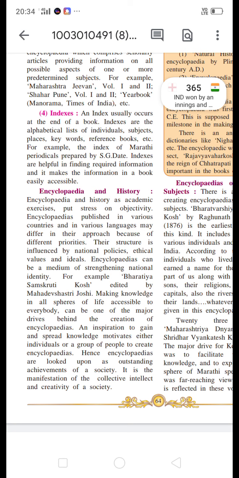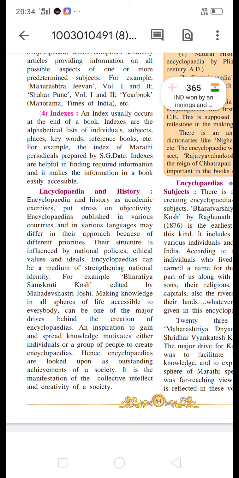It makes knowledge very accessible to everyone, and it is a major drive behind the creation of encyclopedias.